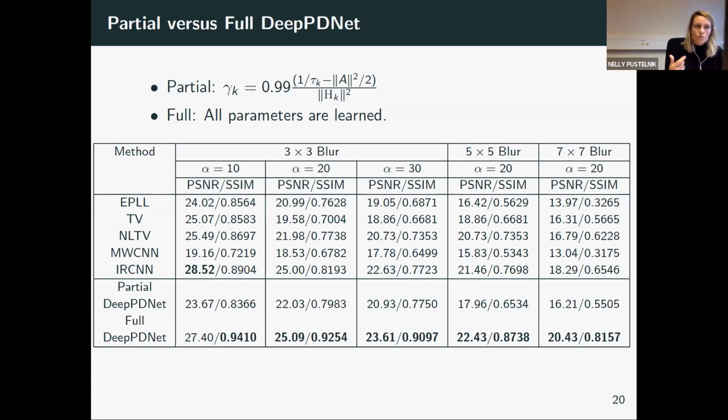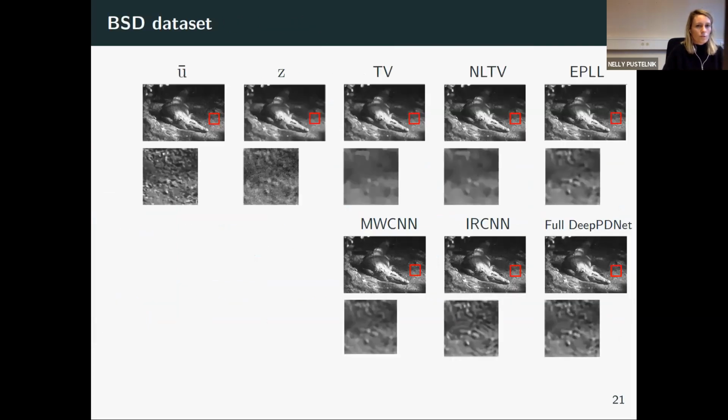You need to ensure some condition between the step size and the norm of the involved linear operator. And when you fix one of these parameters like that, you see that the performance is not as good at all. And so it's important to let the network learn all the parameters if you want to have good performance.